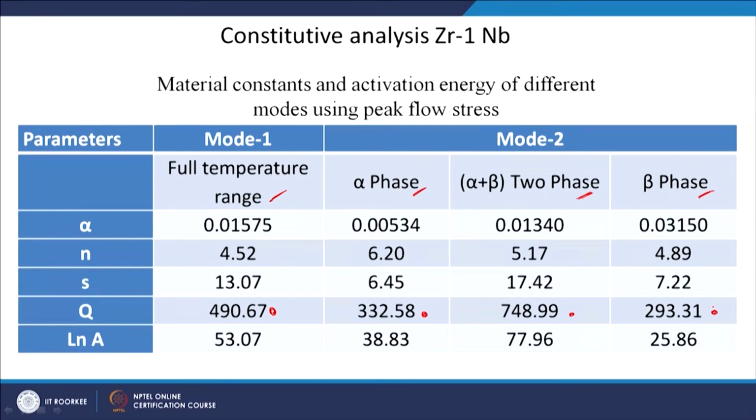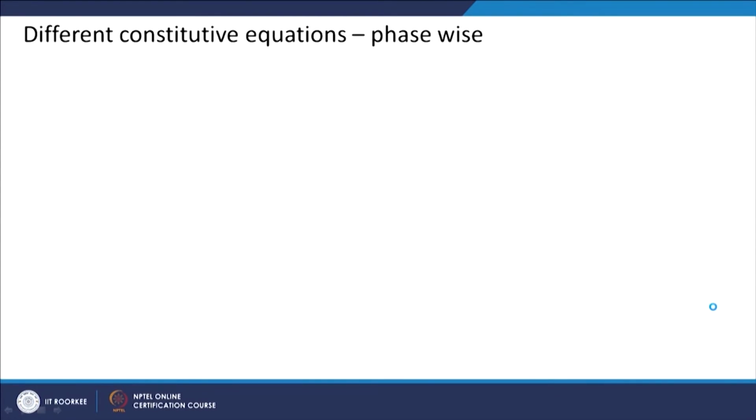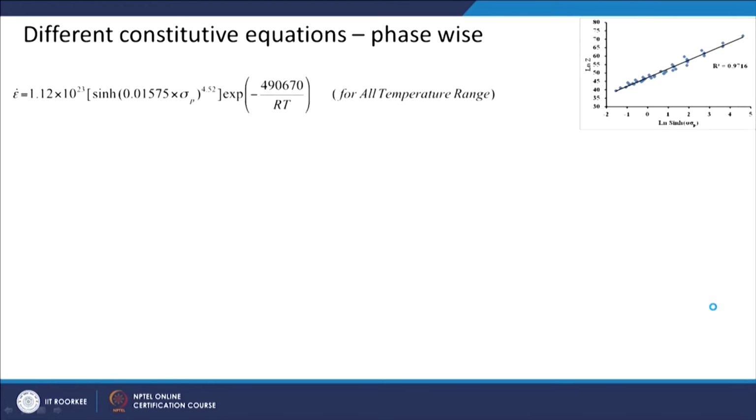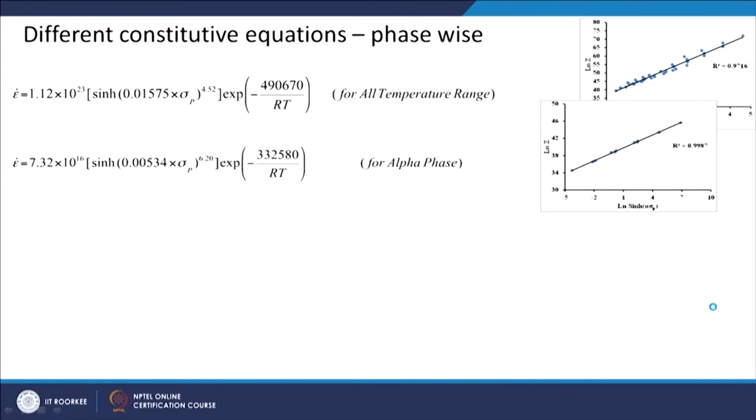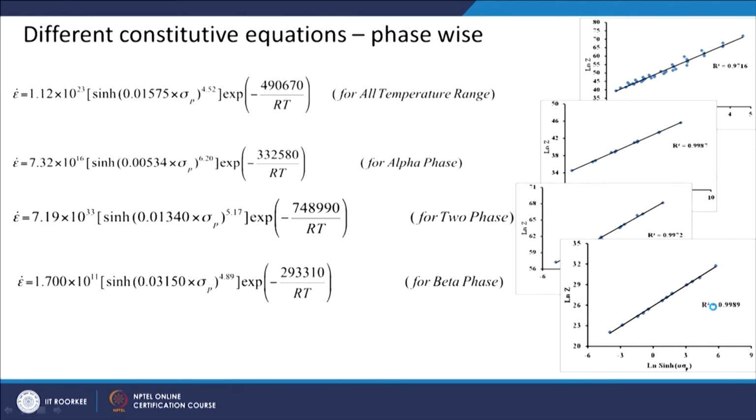And now how to know whether what we have developed is accurate. So, actually these are the different constitutive equations. For the entire temperature range, the R square value is around 0.97. For alpha phase the R square value is 0.99, for the 2 phase region again the R square value is 0.99, and for beta phase again the R square value is 0.99.